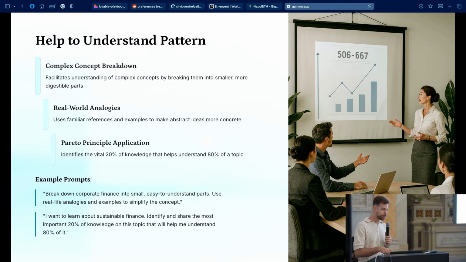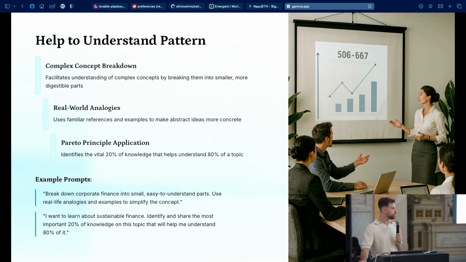An example prompt is: break down corporate finance into small, easy-to-understand parts. Use real-life analogies and examples to simplify the concept.